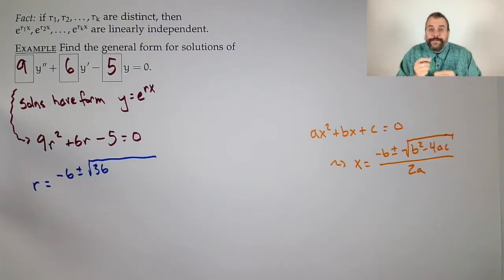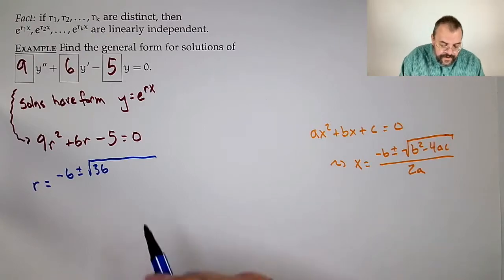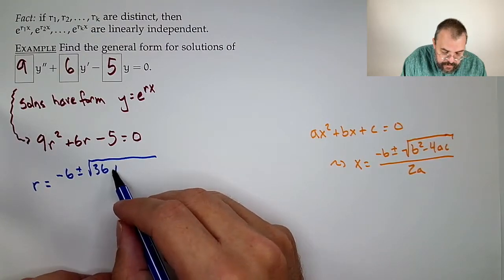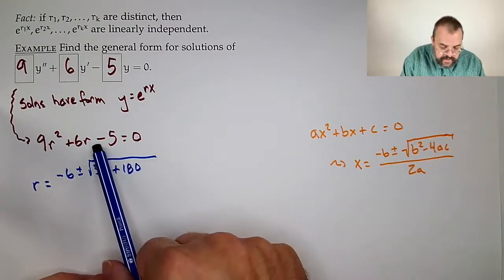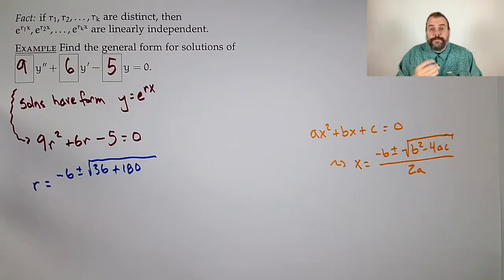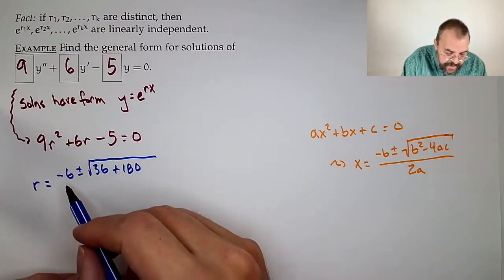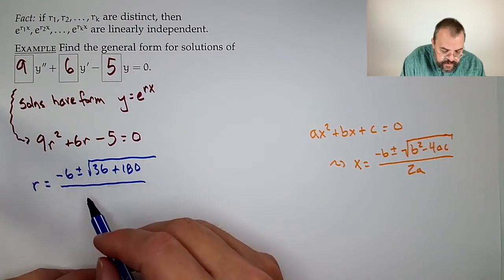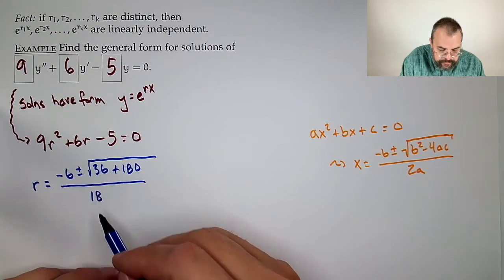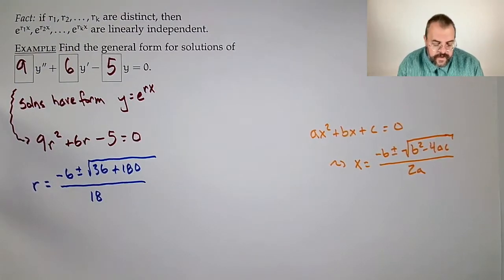Well, 4 and 5 multiply to 20, and then 20 times 9 is 180. So that's going to be a plus 180, since two minuses become a plus. And downstairs, 2a makes 18.